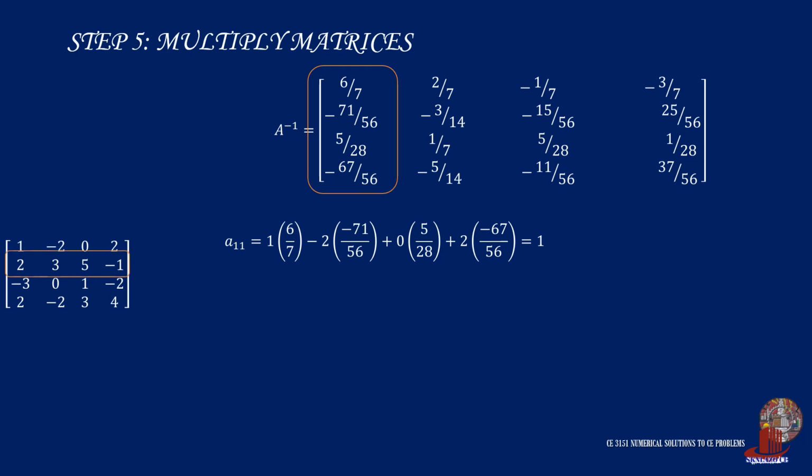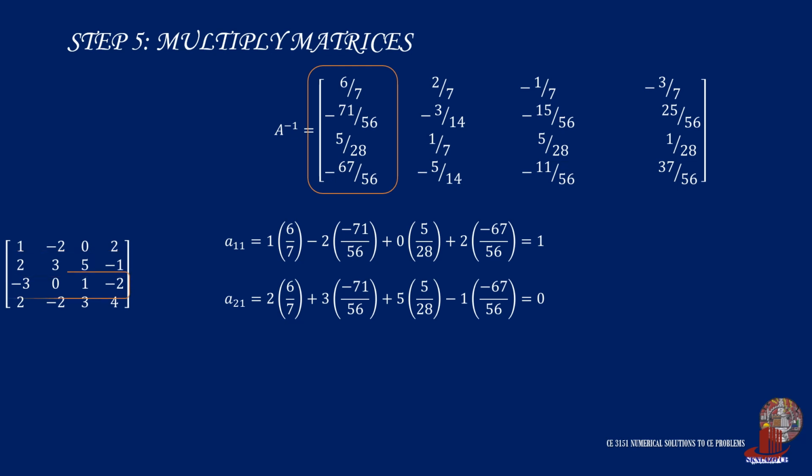Element A21 has 2 times 6/7 plus 3 times negative 71 over 56 plus 5 times 5/28 minus 1 times negative 67 over 56, which is simplified as 0. The third row, first column, will result to A31 as negative 3 times 6/7 plus 0 times negative 71 over 56 plus 1 times 5/28 minus 2 times negative 67 over 56, which is again simplified as 0.